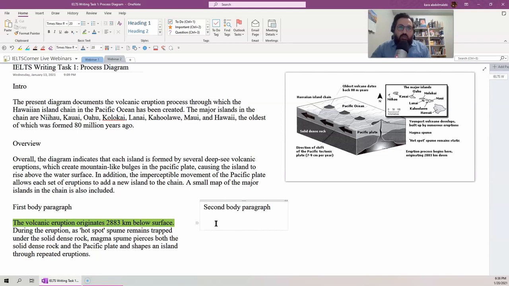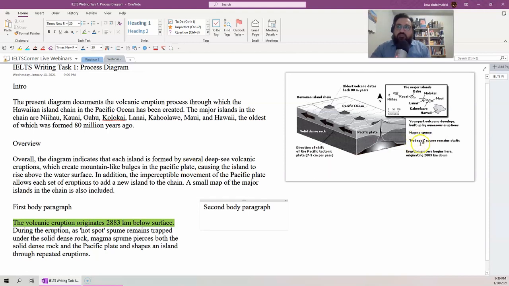Okay, if you include everything, especially if you try to paraphrase, your task unit will go higher. But be careful, like something like Pacific plate cannot be paraphrased. Solid dense rock cannot be paraphrased. But numerous eruptions can become repeated eruptions. But eruption cannot be paraphrased. I don't have a paraphrase for eruption. So don't go too crazy with the paraphrasing.